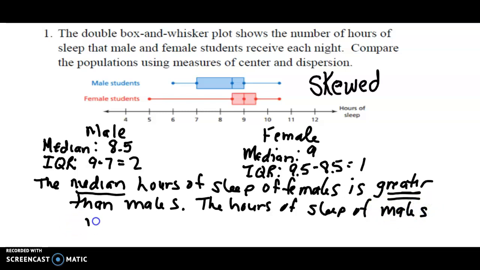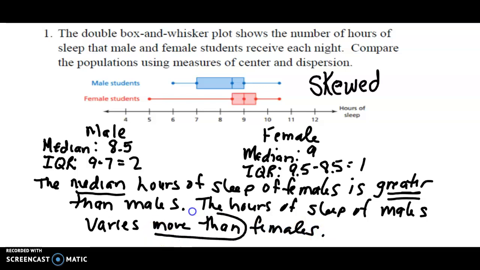And here's the key word, it's varies. That's what dispersion measures, how varying those numbers are. More than females. And that is the correct answer for this problem. Again, I'm going to circle more than in your notes. Again, we are comparing, and I'm going to double underline the word varies because that is a word that you need to have.